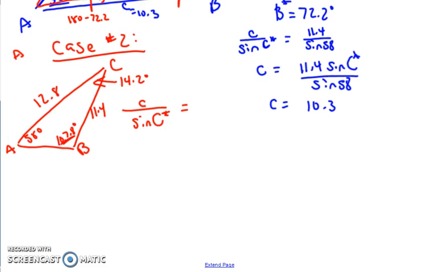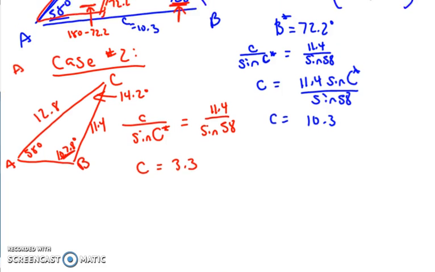So 11.4 divided by the sine of angle A. Multiply both sides by sine of C, and side C is 11.4 times sine of stored C, close my parentheses, divided by sine of 58, 3.3 for side C there.